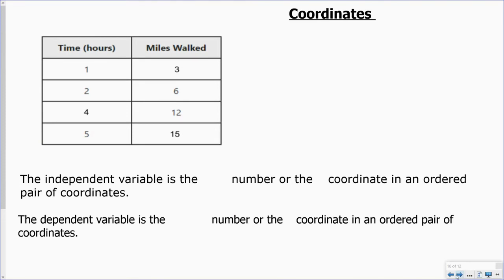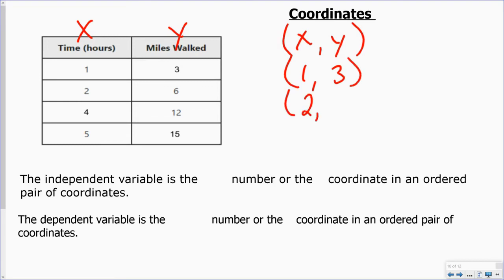So now coordinates, very similar to our discussion again from ratio tables. If I know that this is my x and this is my y, that means my coordinate for the first one, because I write coordinates x comma y with parentheses around it, would be (1, 3). The next would be (2, 6). The next would be (4, 12). And the last one would be (5, 15).